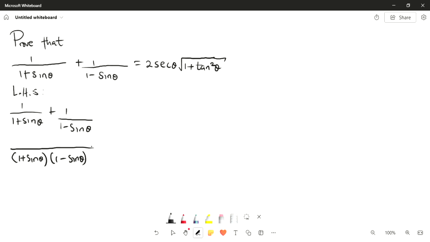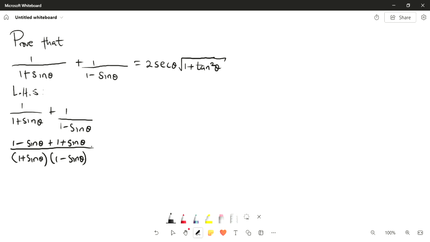Now this 1 minus sine theta will multiply with 1, hence giving us 1 minus sine theta. Then you add this. When you divide 1 minus sine theta into the common denominator, it will cancel the 1 minus sine theta, giving us 1 plus sine theta, which will multiply with 1. And this gives us 1 plus sine theta, like that.